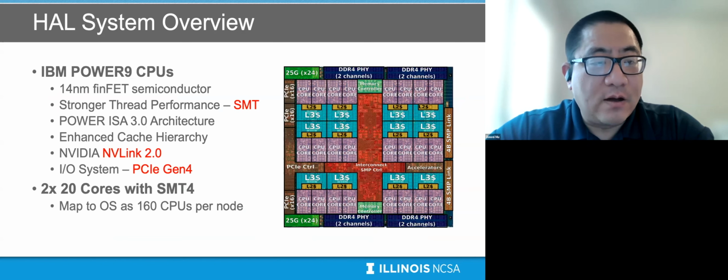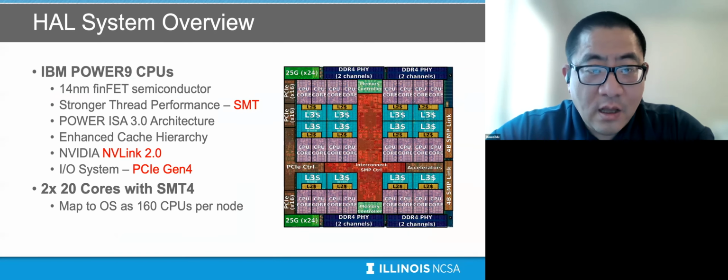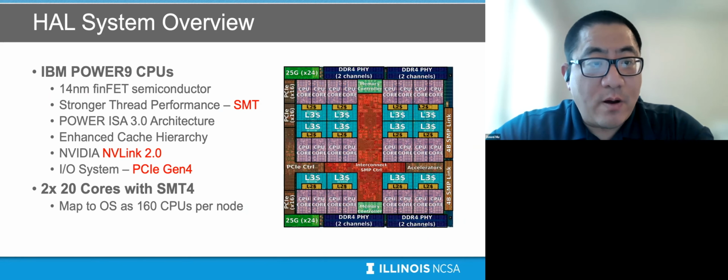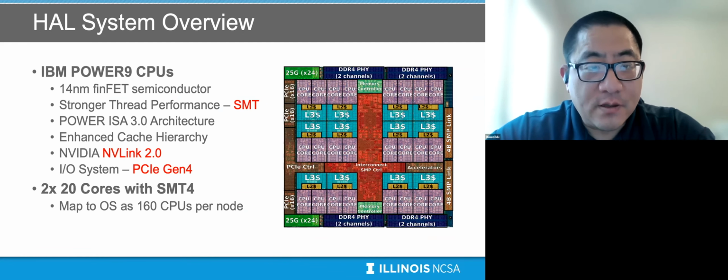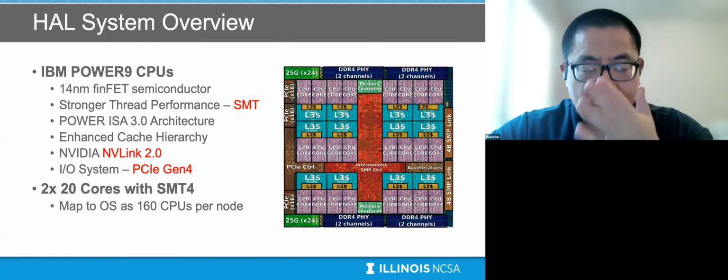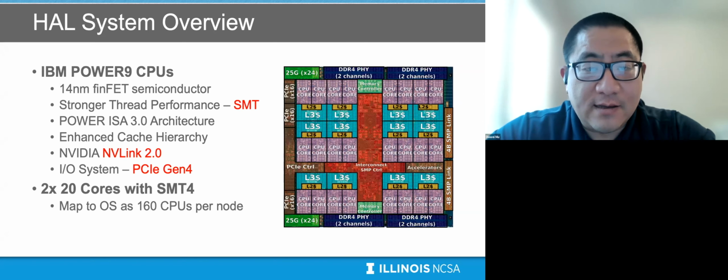And then let's talk about the IBM Power 9 CPU. This is a very powerful CPU, and I have highlighted a few key features that I want our users to get a better understanding.